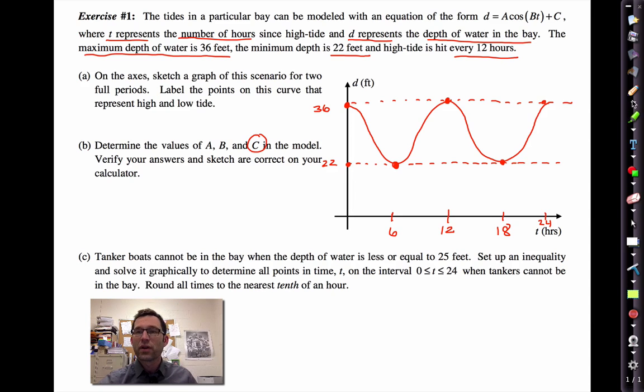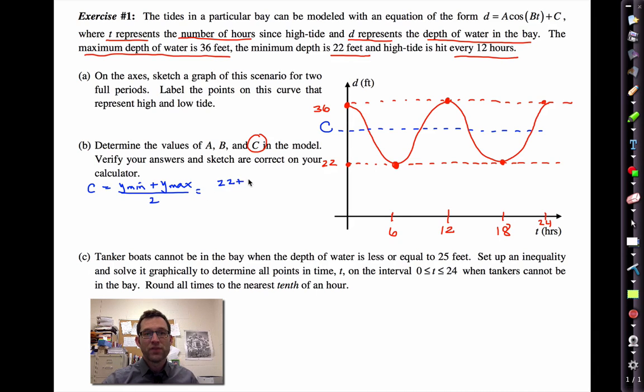Let me do that in a different color. You see, for me, the midline value is always the easiest because C is always the minimum y value plus the maximum y value divided by 2. In this case, that's going to be 22 plus 36 divided by 2.